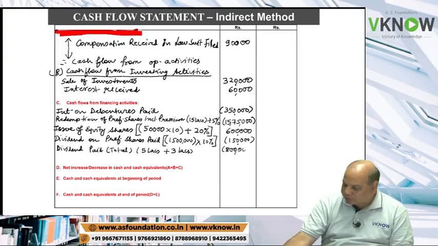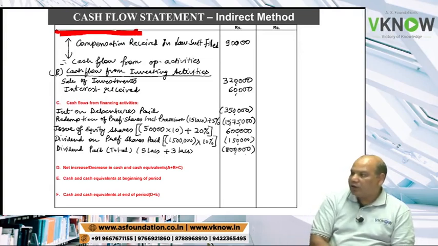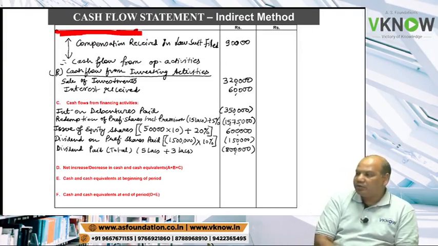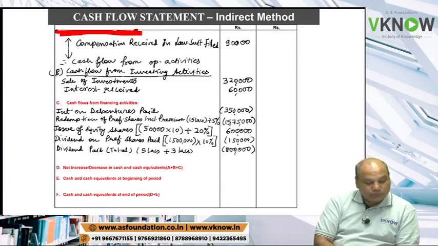You can write 5 lakh and 3 lakh on separate lines. Otherwise, this is okay. Land was purchased for which company issued shares. This will not come in cash flow statement because there is no inflow or outflow of cash here.